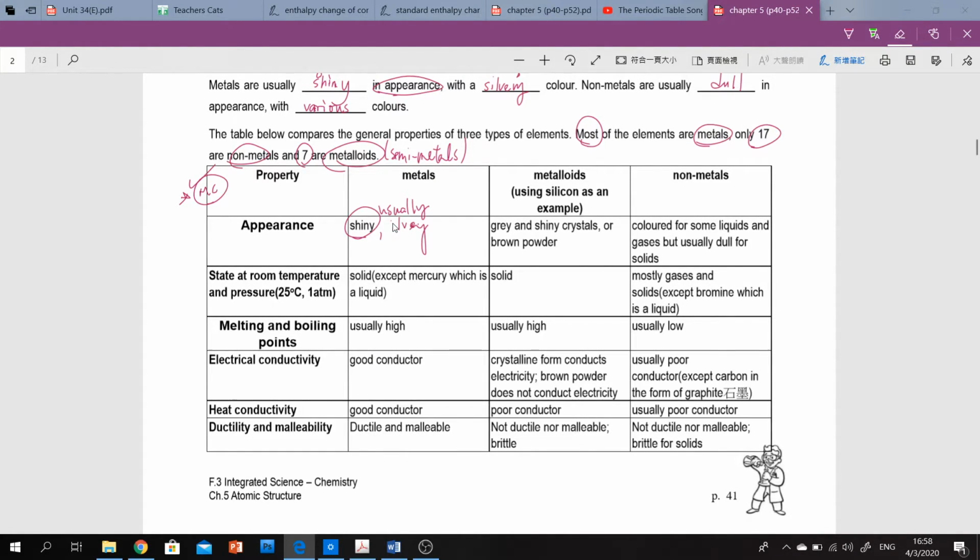Usually silvery. Of course you may name something which is not silvery. Copper is reddish brown.